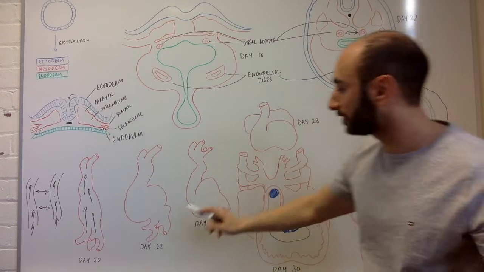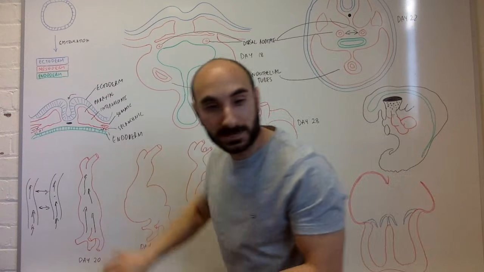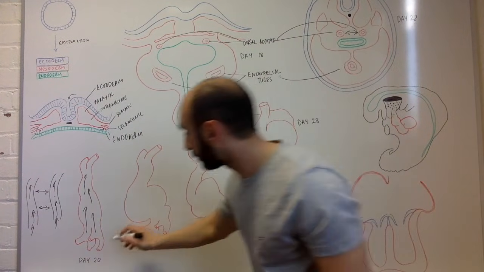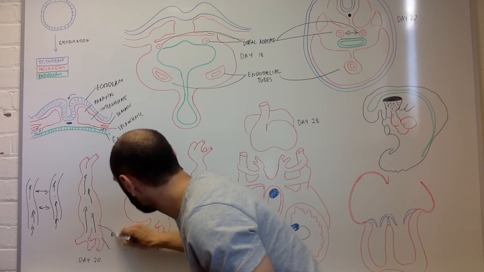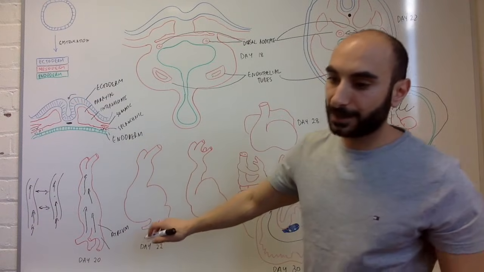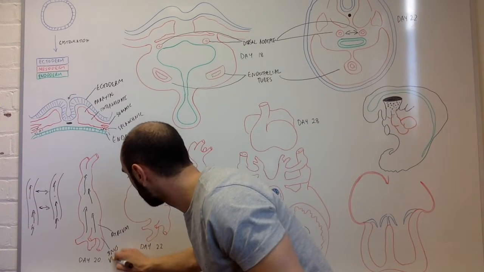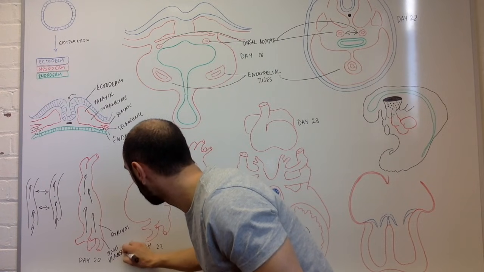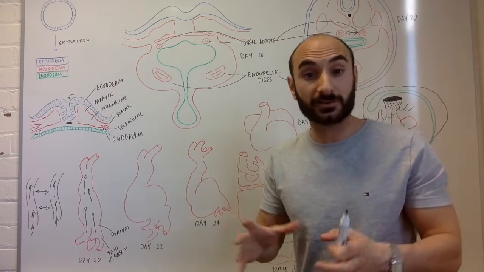And so on day 22, we should probably go through the anatomy of each section. So the bottom over here will have the atrium, and we will also have the sinus venosum. So the sinus venosum gives rise to the smooth wall layer of the atrium.